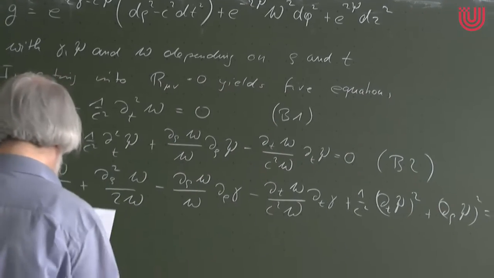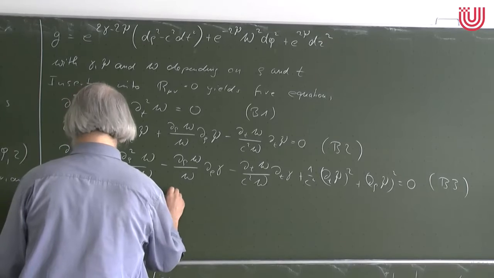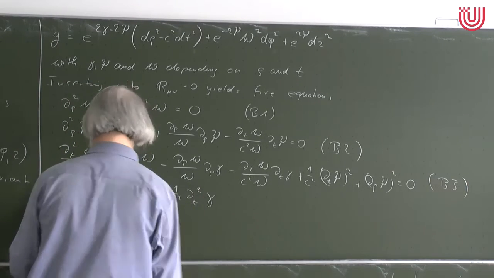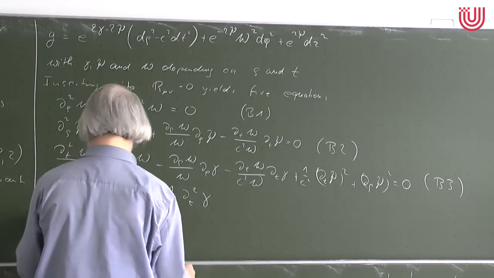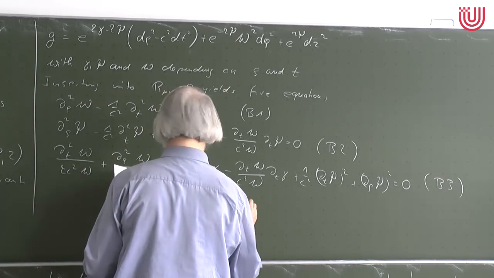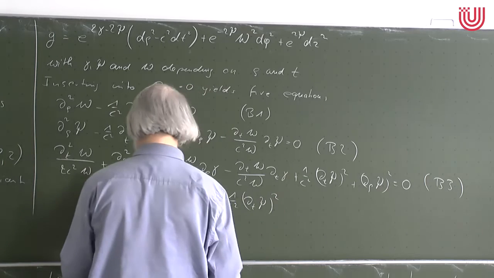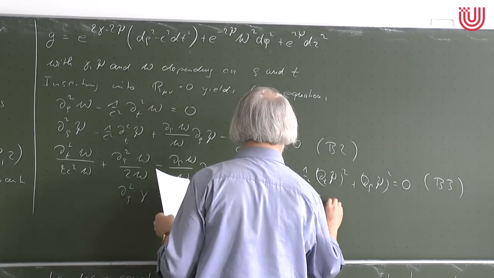And b4 is shorter, and before b5 also: d_rho squared gamma minus 1 over c squared d_t squared gamma. Always these wave operators occur, right? Plus 1 over c squared d_t psi squared plus d_rho psi squared is 0.